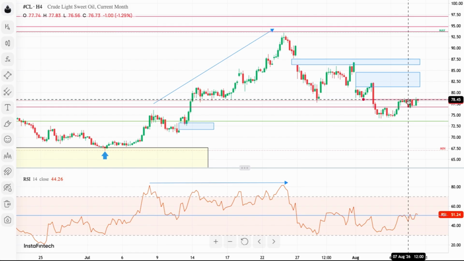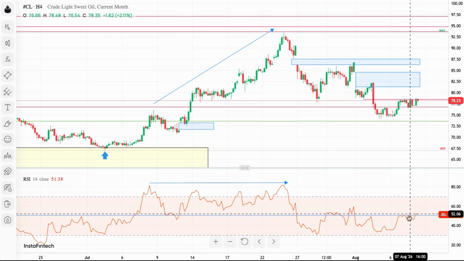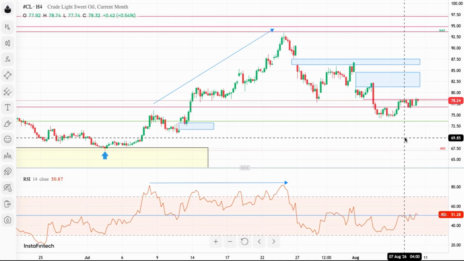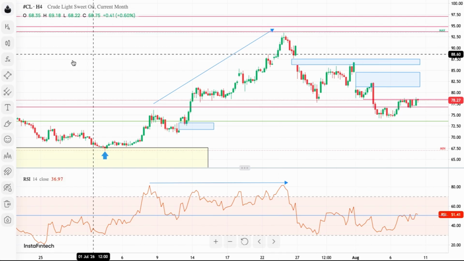Basically, 78.45 is the upper range level, and the technical resistance, and 76.74 is the local technical support. As you can see, we are oscillating around the level of 50. Neither bulls nor bears are in charge of this market, as it still looks very susceptible to a further movement to the downside.